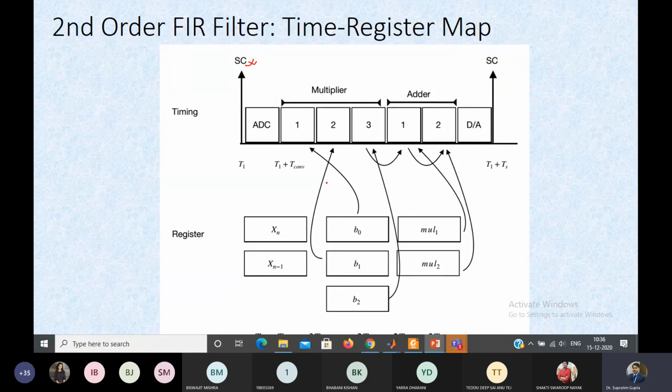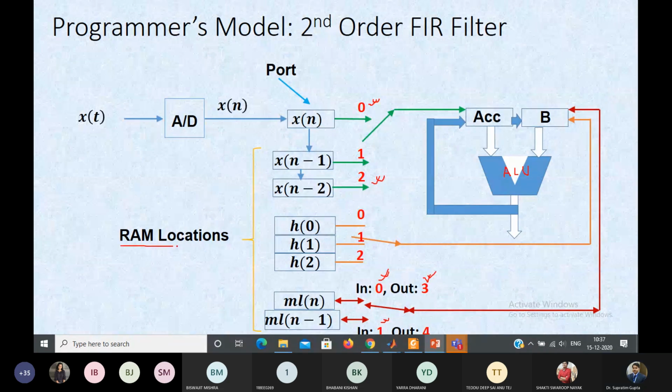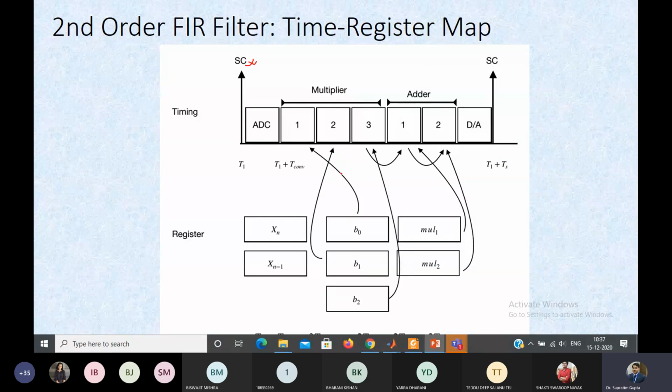But what is pointed out here is that for each sample we are taking 1, 2, 3, 4, 5, 6, 7, so 7 registers from the RAM location. And then this T conversion, and this operation takes TF. So what we get is the TS.